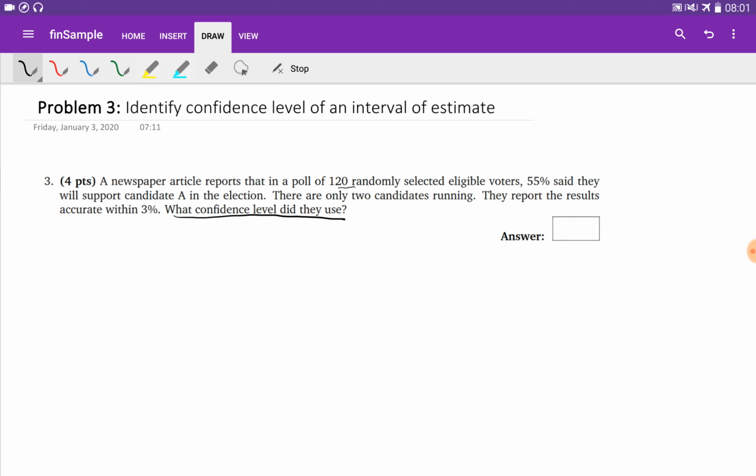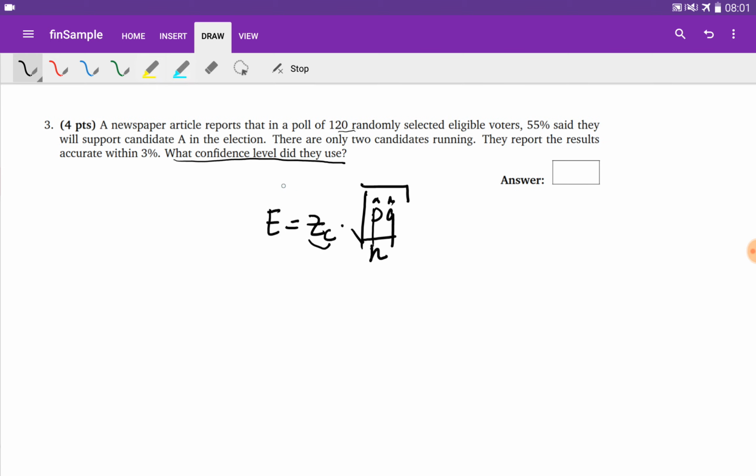So please remember, in order to make the confidence intervals for the proportion, we need to use the error margin formula, which is going to be the critical point multiplied by the square root of p hat, q hat divided by n, and we can find the level of confidence by finding the critical point. So here we have all the ingredients except this critical point, and we're going to find this.